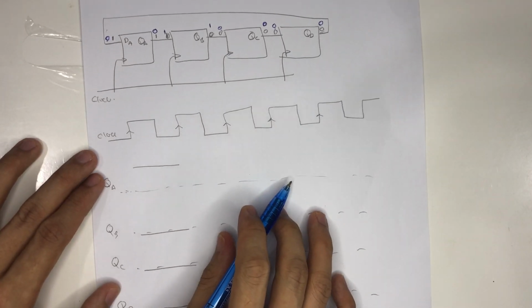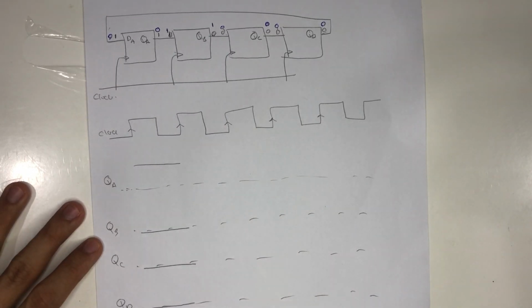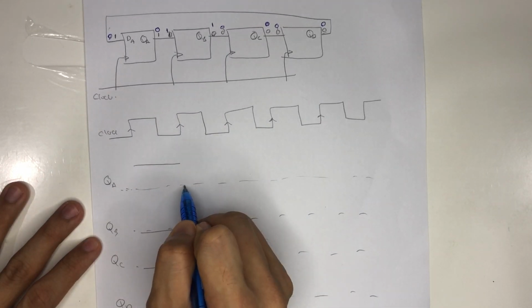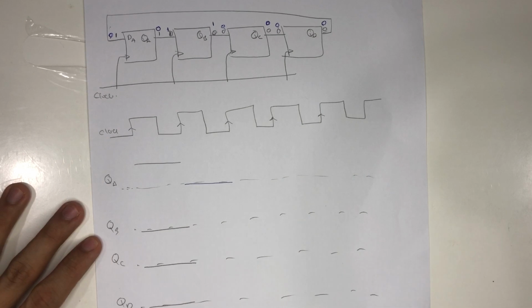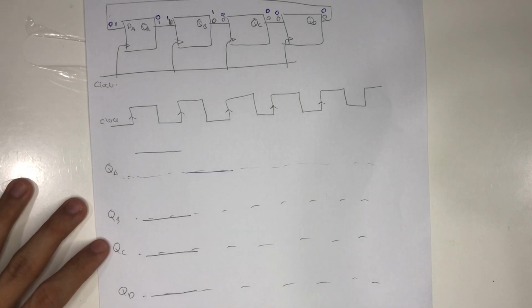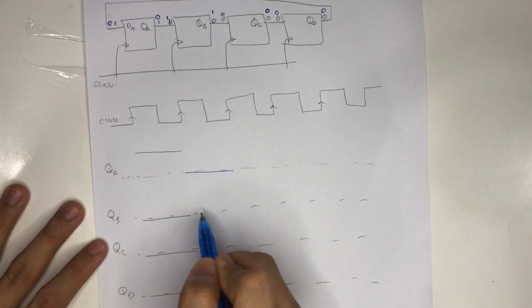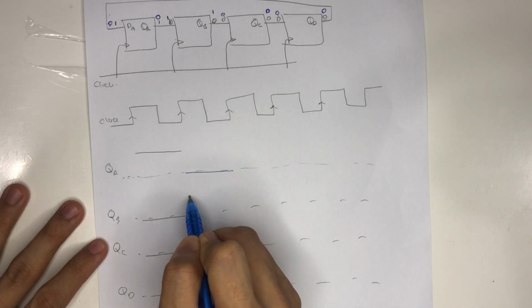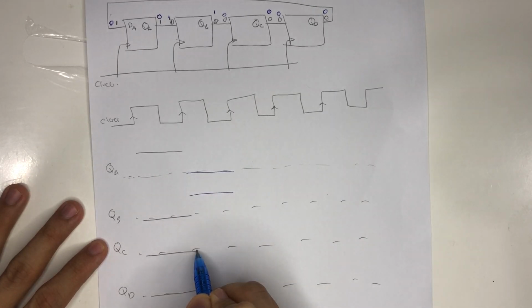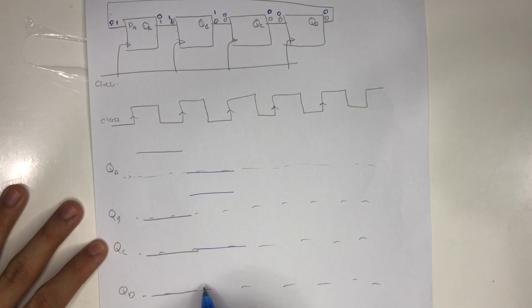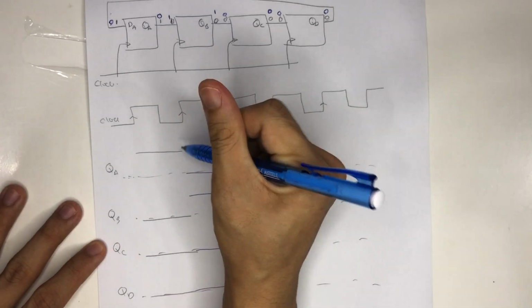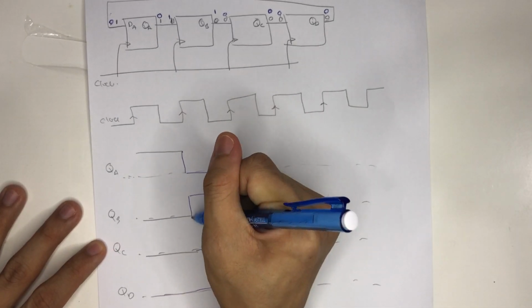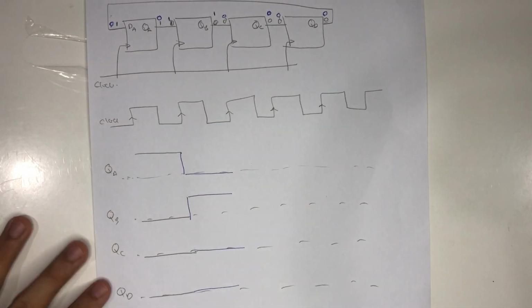So you can see at the second rising edge, QA will be 0, and this one will be high, and this one is still low, and this one is still low. So you can see a difference there.